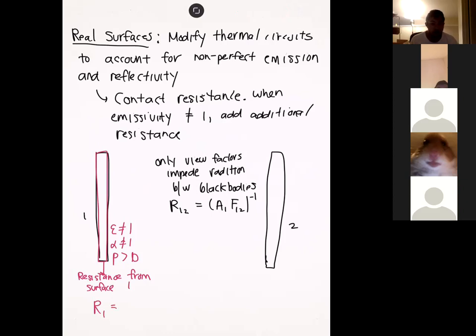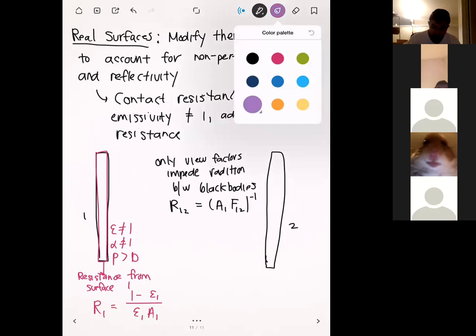I'm not going to derive these formulas here, but these formulas were under the assumption that the surfaces were gray. We're going to have an additional resistance that comes from just surface 1, which is equal to 1 minus epsilon 1 divided by epsilon 1 A1.